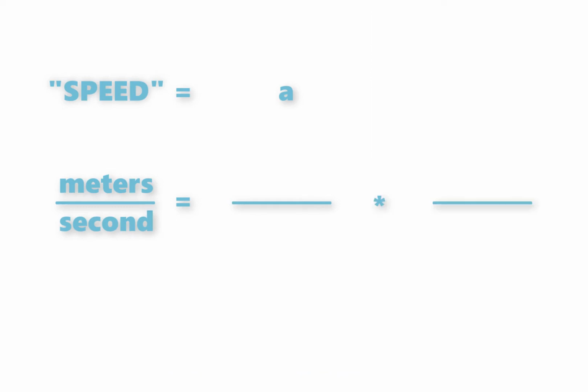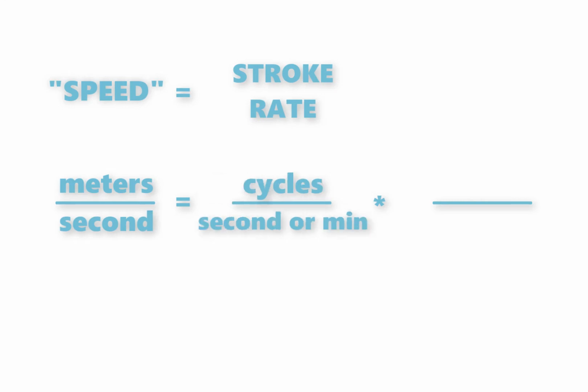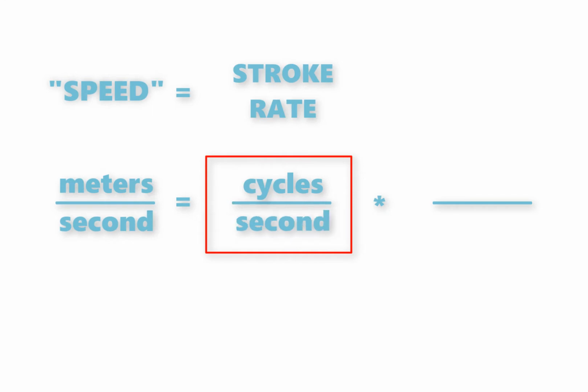What they're actually talking about, without knowing it, is a term called stroke rate, or the number of stroke cycles per unit of time. Typically, for paddling and swimming, we designate this as cycles per second or cycles per minute. Since we have speed already designated as meters per second, let's show stroke rate as cycles per second.